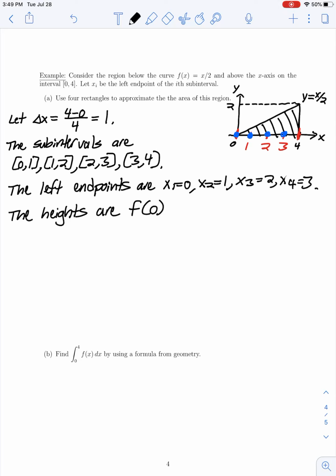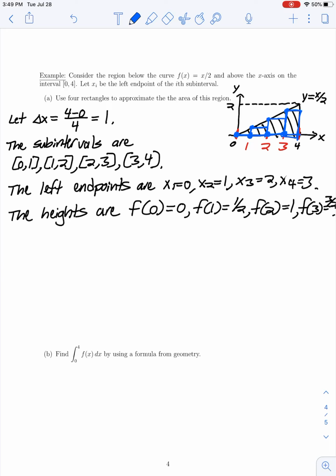So that would be f of 0, which is 0, f of 1, which is 1/2, f of 2, which is 1, and f of 3, which is 3/2. So illustrating here, well, the height of our first rectangle is nothing. The height of the second rectangle is 1/2. Height of our third rectangle is 1. And the height of our fourth rectangle is 3/2.